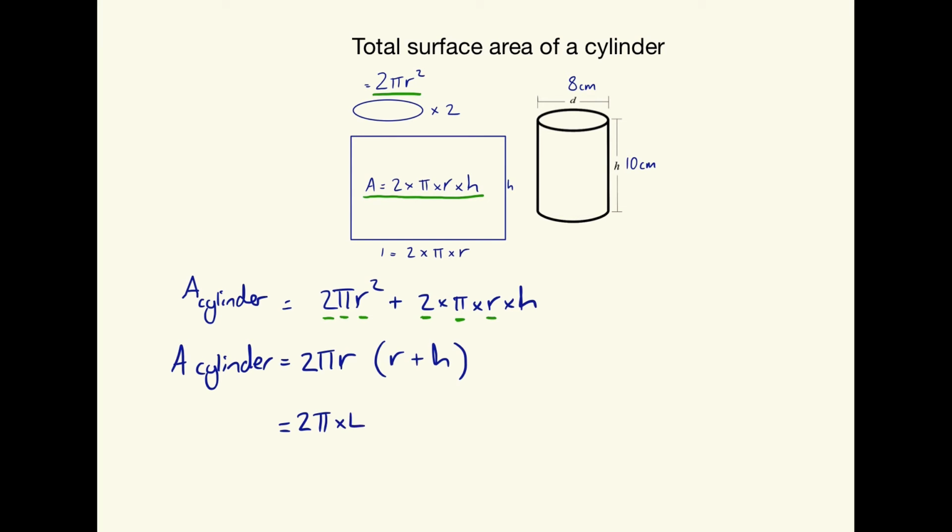So times 4. And in brackets, we'll multiply this by our radius again, which is 4, plus now our height is 10 centimeters. And if you plug this into a calculator, you will get 351.9 centimeters squared.